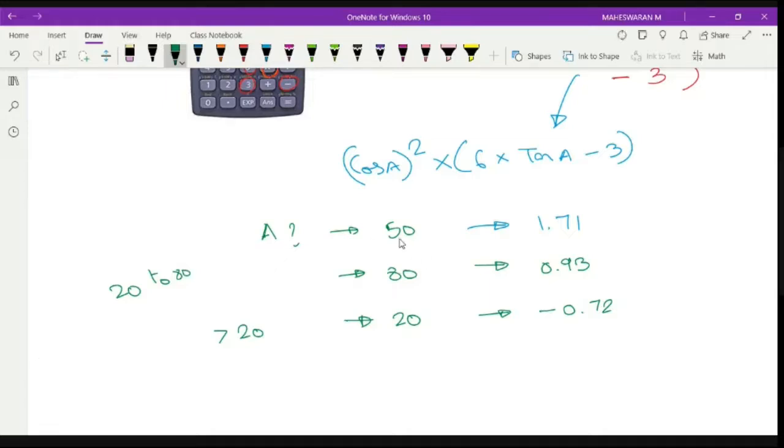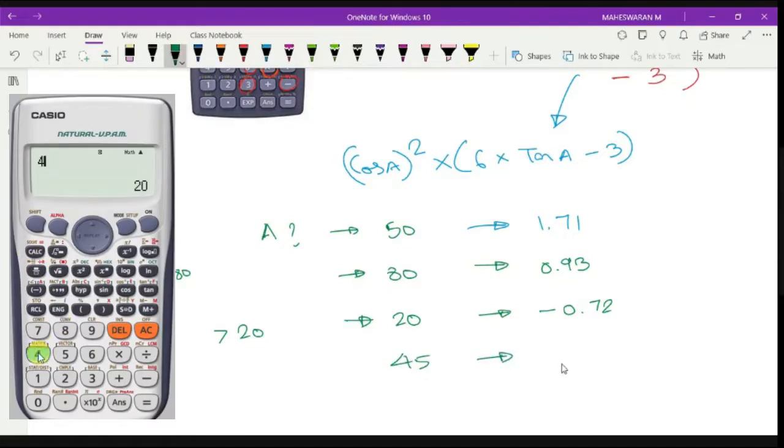Instead of 50, let me give 45. What is the value? 1.5, it is reducing. Let me reduce a little bit. What about 30? 0.348.